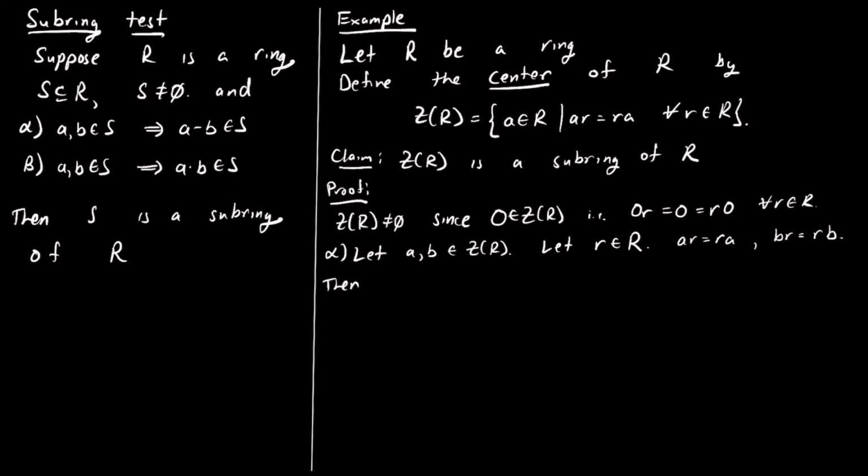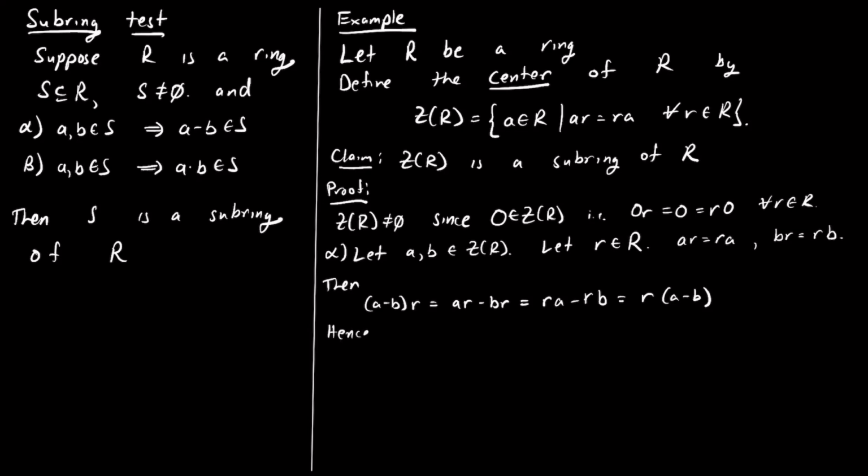So then (a minus b) times r, well, by our distributive law, this is going to be ar minus br. What is this going to be? Well, I know ar is the same as ra. I know br is the same as rb. So I could write this as ra minus rb, and I'll notice that this is r times (a minus b). So I've shown that a minus b also commutes with r.